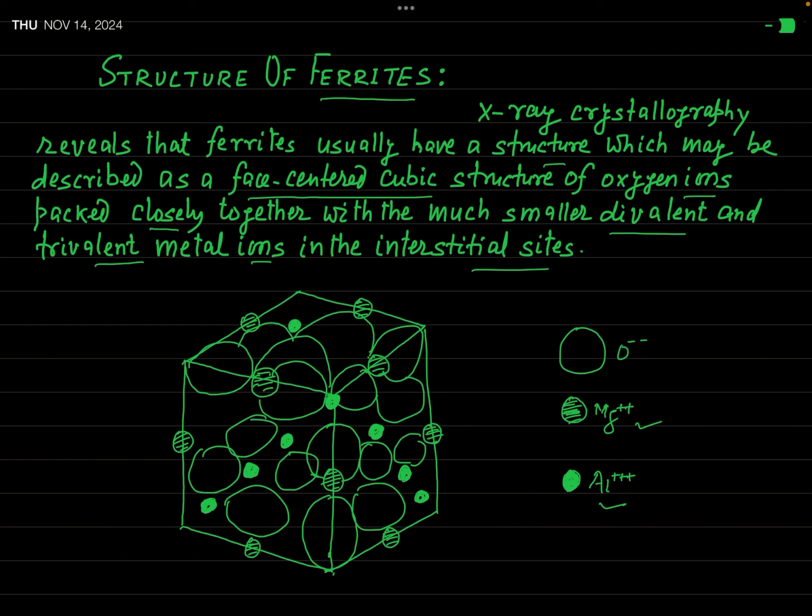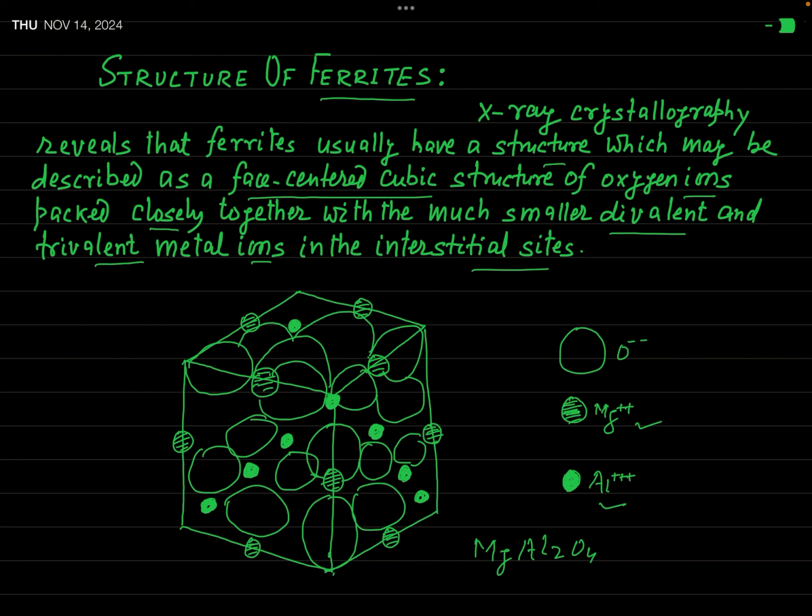So this is the crystal structure of the mineral MgAl2O4. In this figure, I have shown the crystal structure of MgAl2O4.